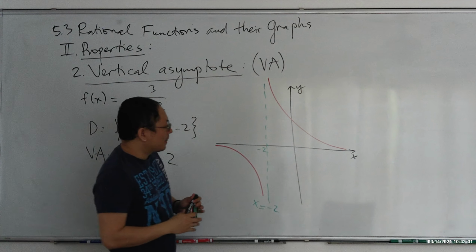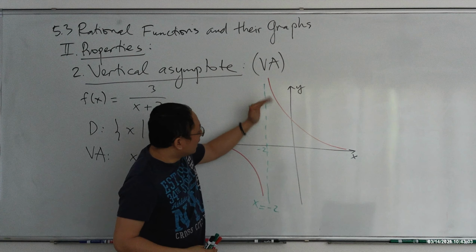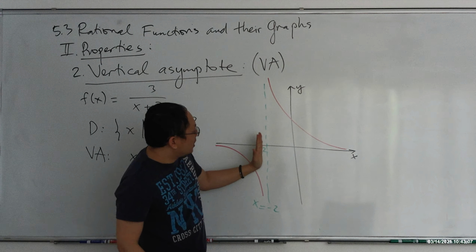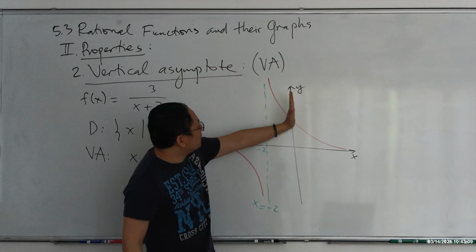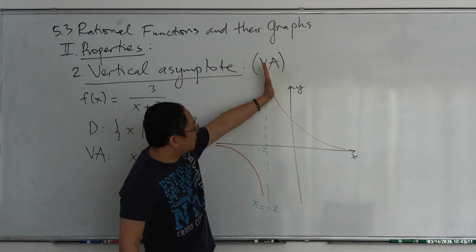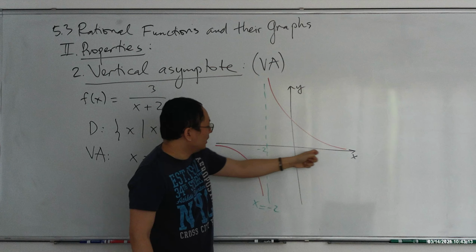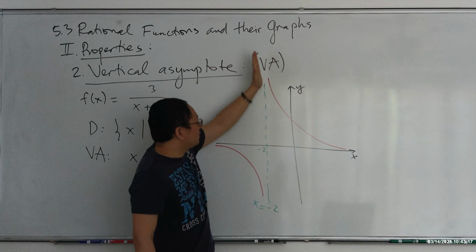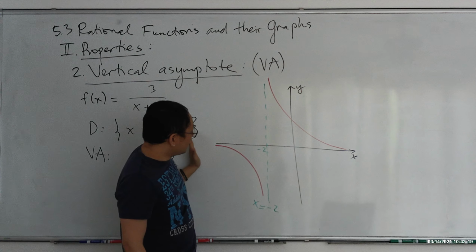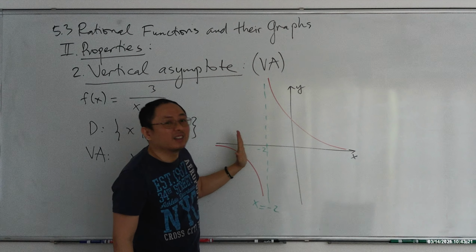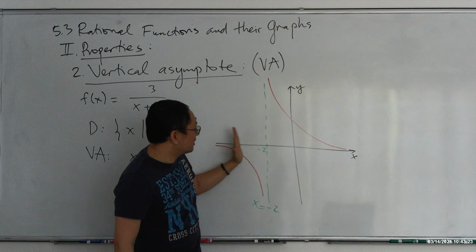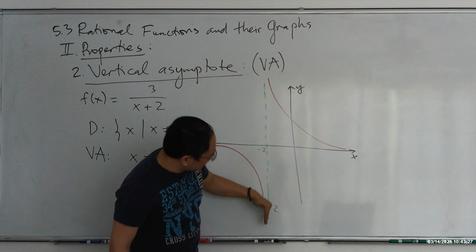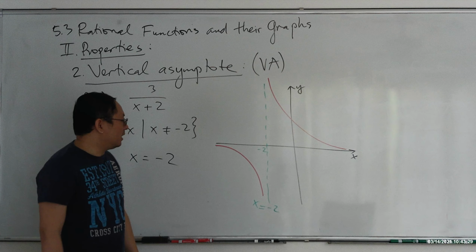You see what? The dotted green line right here is what we call the vertical asymptote, and the graph is getting closer and closer to the green line. When x is getting closer to -2 from the right, the function is going up, getting closer to the line but never intersecting. x approaching -2 from the left, later on in calculus 1 we say limit as x goes to -2, the graph is getting closer and closer to the vertical line as well, but never intersects.